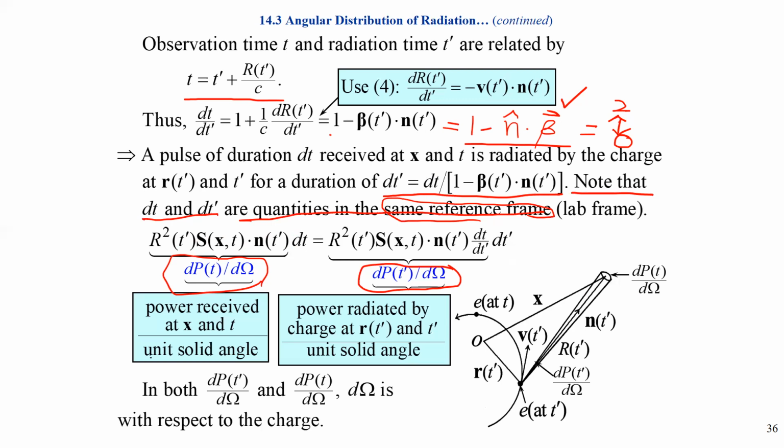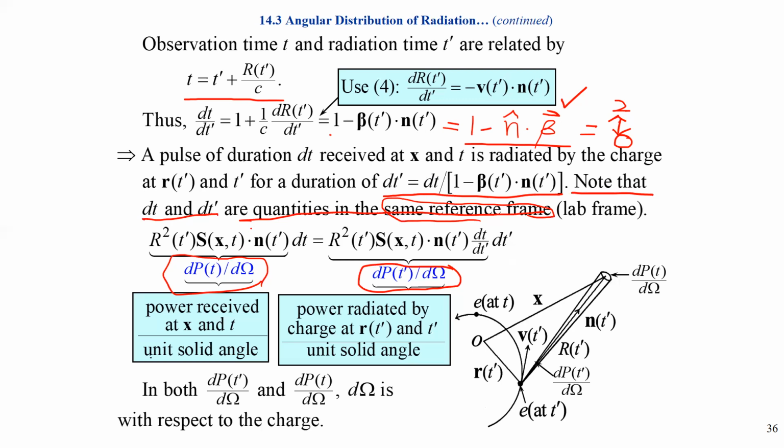Conserved quantity and invariant quantity is different. Conserved quantity should be the same in the same reference frame. However, invariant quantity should be the same for different Lorentz frames.